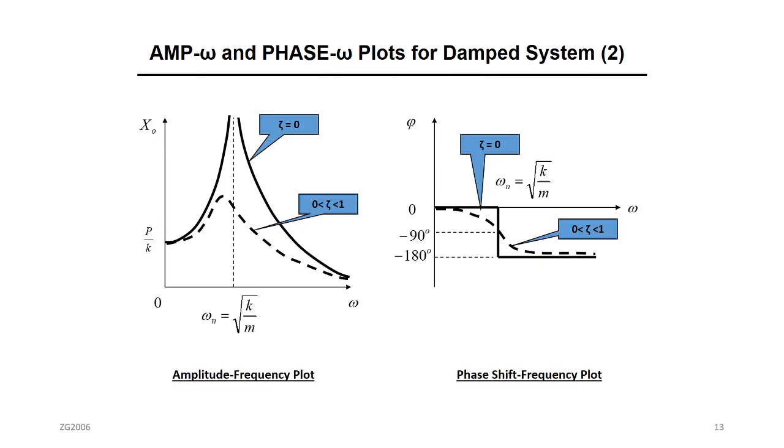Okay. This is the nice plot using MATLAB. You see, the dashed line is the problem with a damper. The solid line is the problem without a damper. You see the difference between them? This is the natural frequency. This is the damped natural frequency. I think we made a mistake.